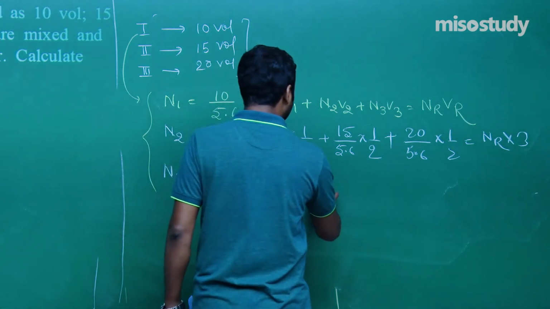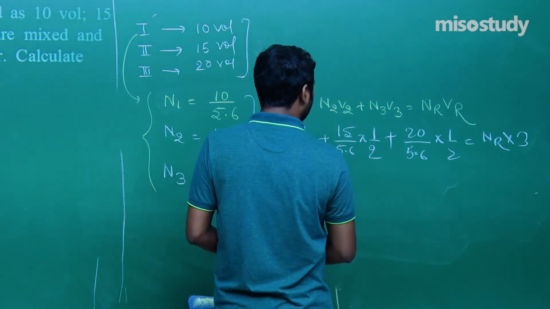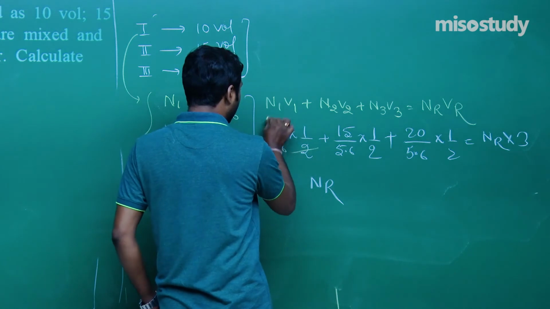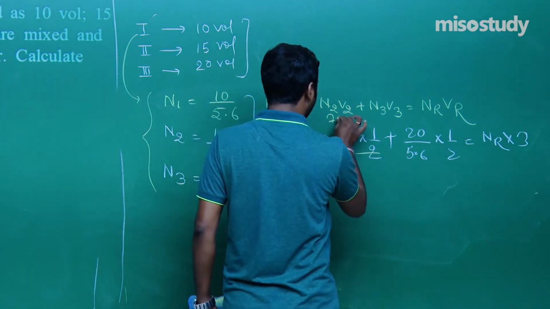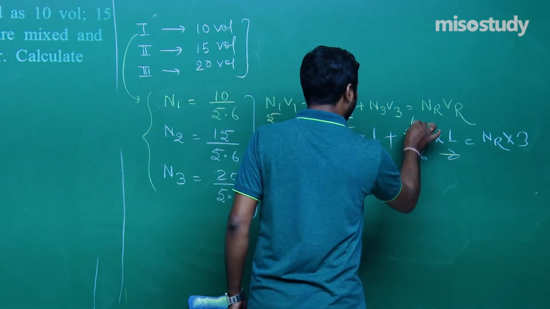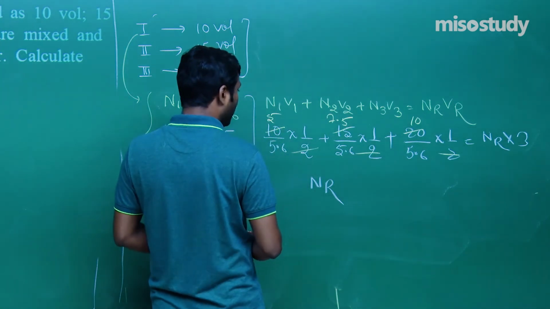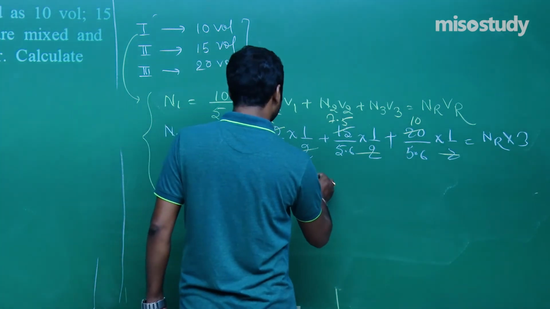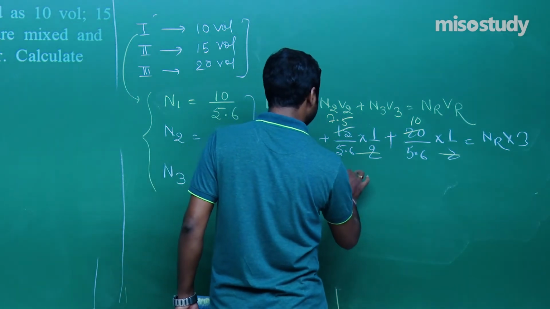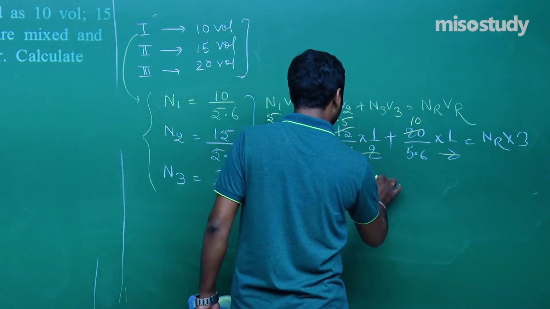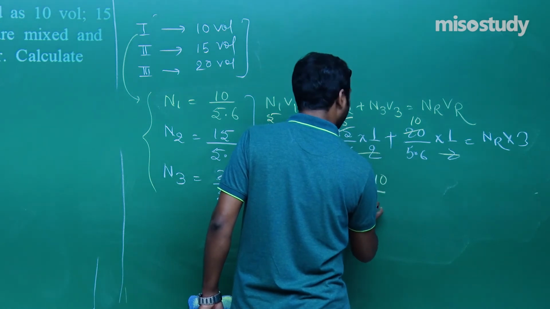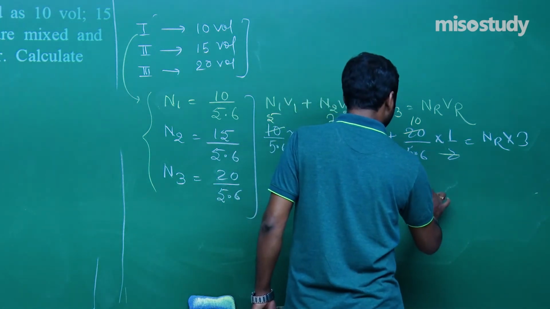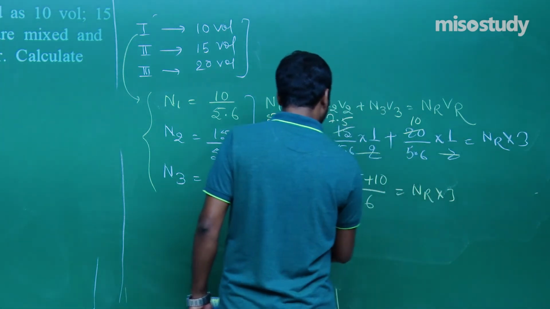So what is NR? After solving, 5 plus 7.5 plus 10 divided by 5.6 is equal to NR multiplied by 3.